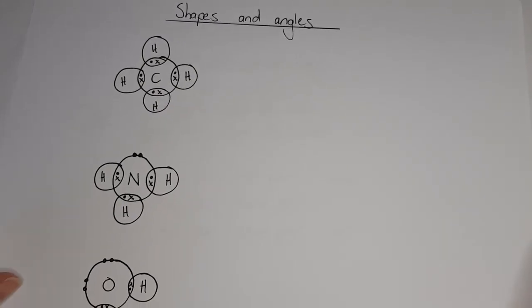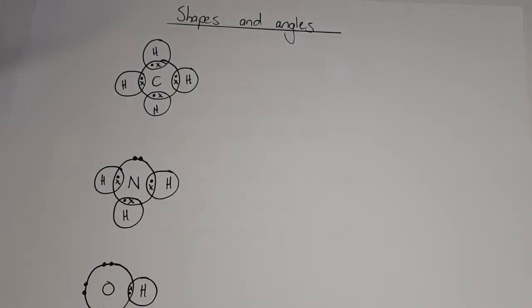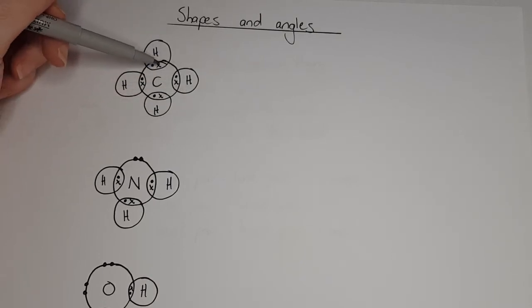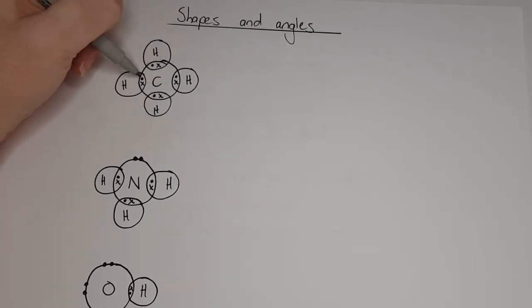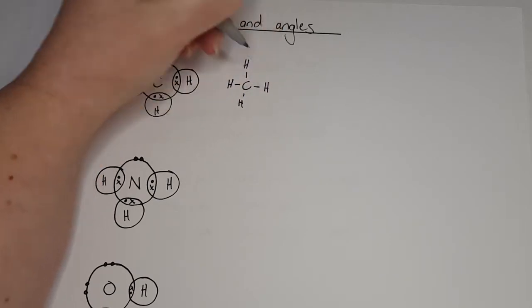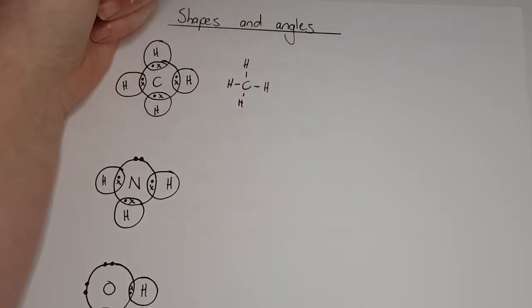So I have carbon that's bonded to 4 hydrogens. There is a bond pair in every single one of them. So it's carbon with 4 bonds, and there are only bond pairs in there.